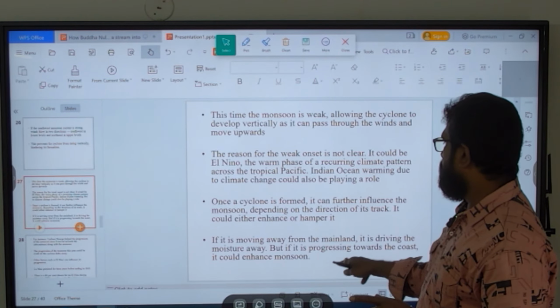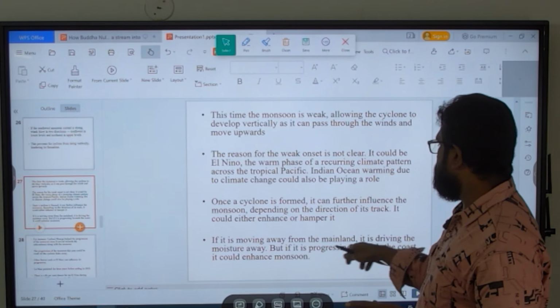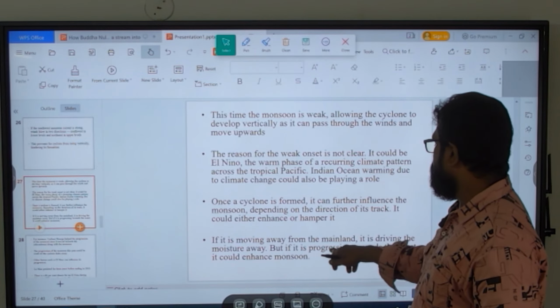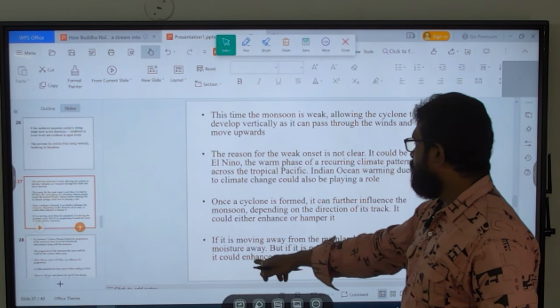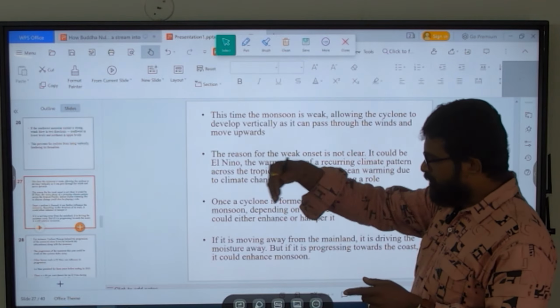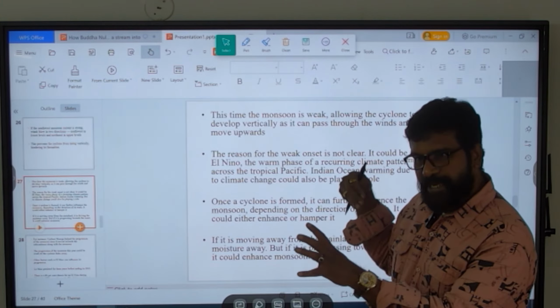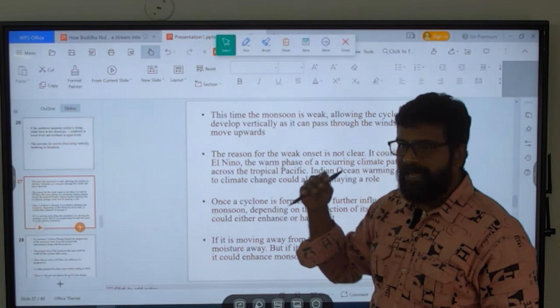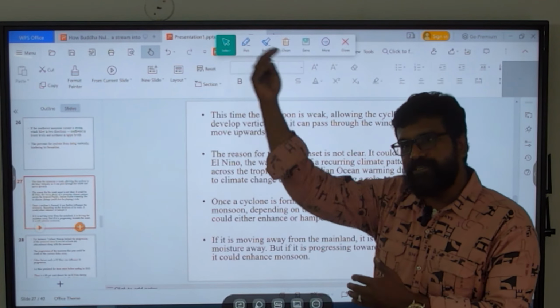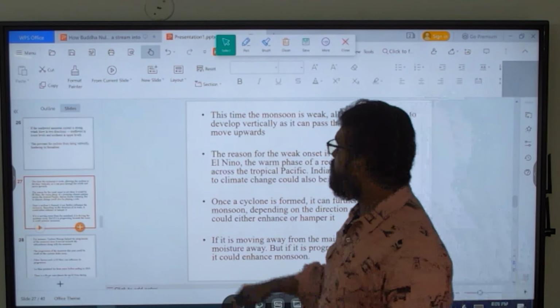If the cyclone is moving away from the mainland, it is driving moisture away. But if it is progressing towards the coast, it could enhance the monsoon. If it is coming over the mainland, definitely we will have a good monsoon. But this cyclone is strong and moving away, taking all the moisture and driving it out to Oman. That is the greatest problem.